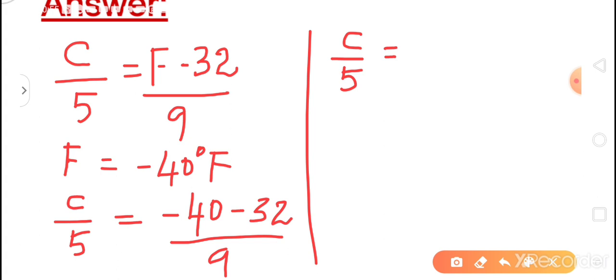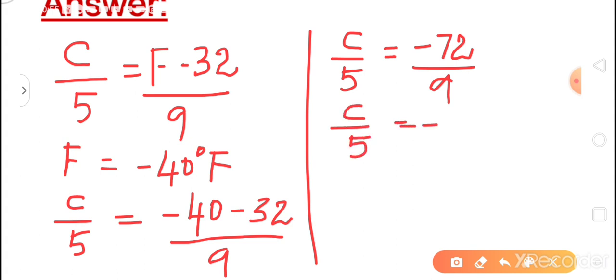If negative and negative come, what do we have to do? Yes, we should add the two numbers together. If they have the same sign, we add the two numbers together. So minus 40 minus 32 means minus 72 divided by 9. Minus 72 by 9 means C by 5 is equal to minus 8.